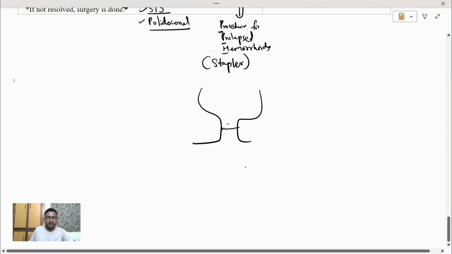You will apply the stapler and just fire it. You are removing the hemorrhoid along with a bit of mucosa. So that is stapler hemorrhoidectomy. It is done only for internal hemorrhoids.